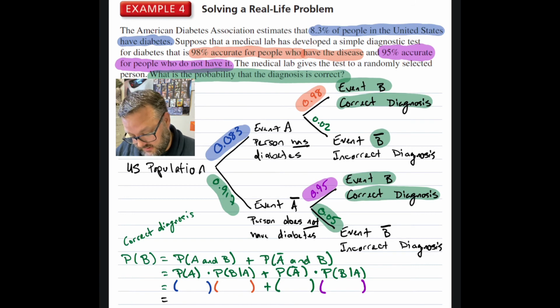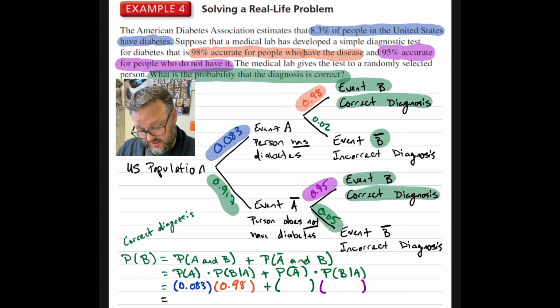So I'm going to take 0.083, because that's the probability of A, and the probability of B after A is 0.98. In other words, this is saying the event that you were diagnosed with diabetes and the event that it was a correct diagnosis. And we multiply those together.